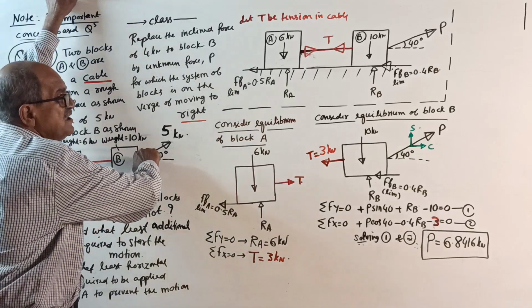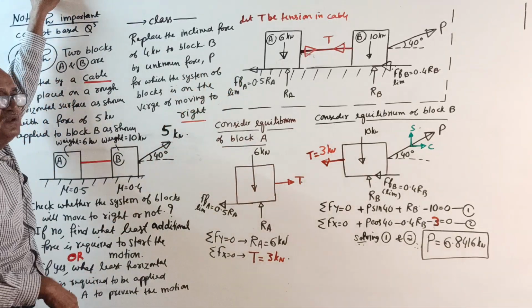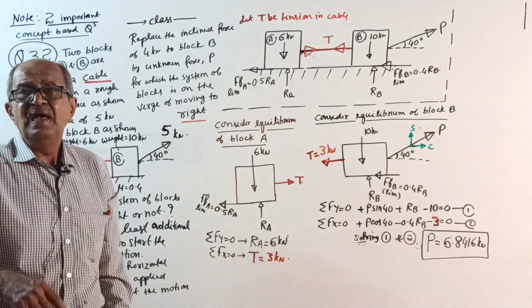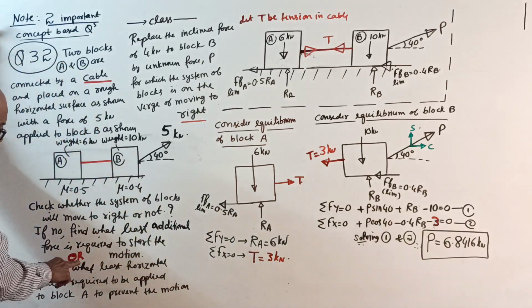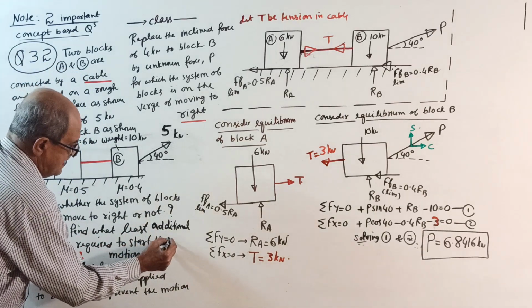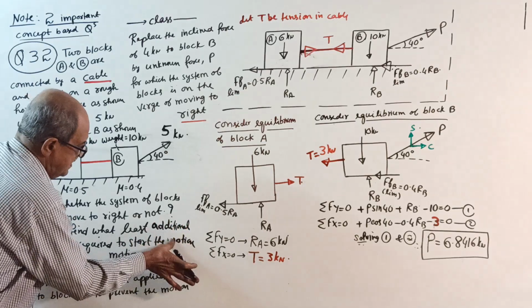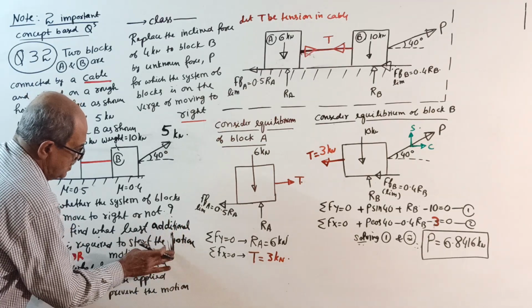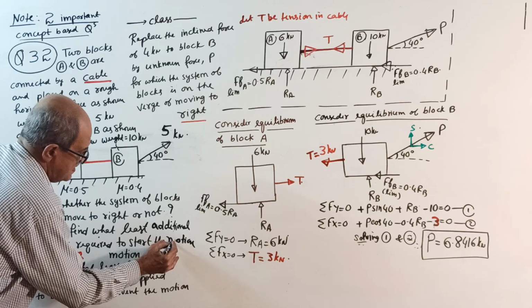When 5 kilonewton is not able to move, this force is to be increased. They are asking you, additional means how much more required. Okay. Or, see, or is here. This, see, start the motion. I'll put here now so that confusion is not there. Okay, motion. That ink problem is actually, I have put more ink than required.